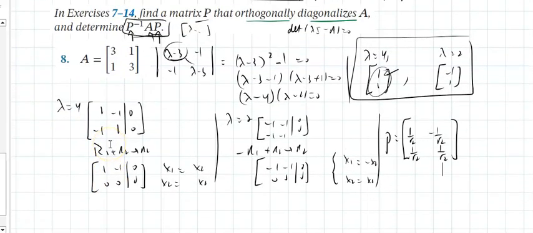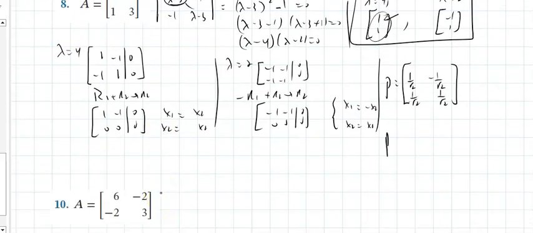And what they want us to do is find a matrix P that orthogonally diagonalizes A, and determine P inverse AP. Okay, if I want to figure out P inverse, that's 1 divided by the determinant, or I could say that's the transpose from the previous section.